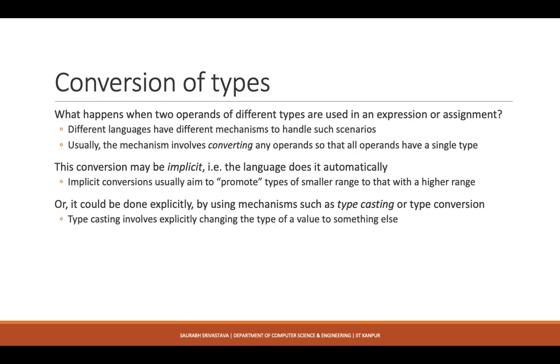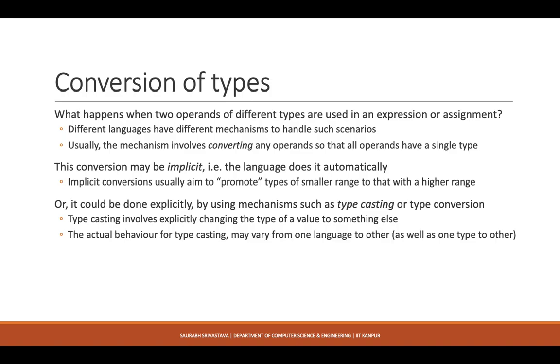So using typecasting, we try to change the type of the value itself to something else. Now, the actual behavior of typecasting will differ widely from one language to another, from one implementation to another, as well as by what type you are trying to typecast to another type.